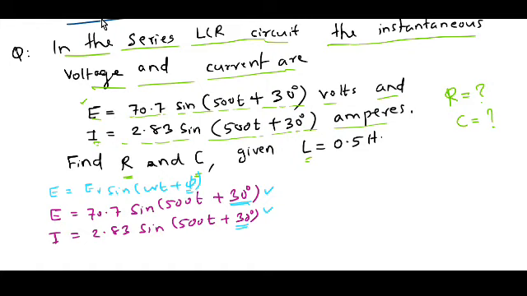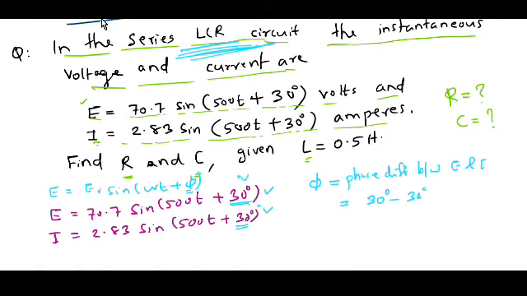That is, in the given LCR circuit, the phase difference phi between the voltage and the current is 30 degree minus 30 degree, since both have the phase angle 30, which is equal to 0.